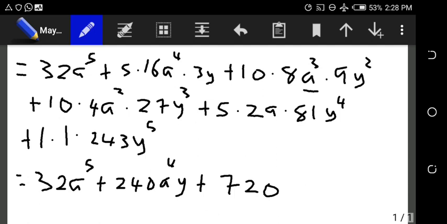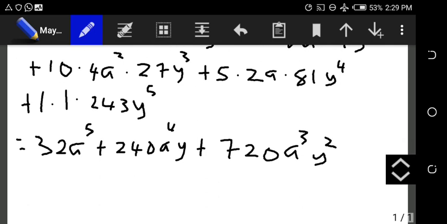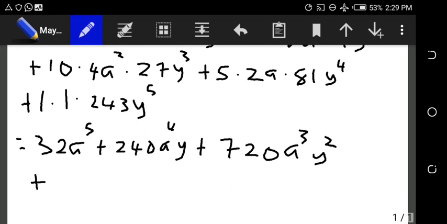Then we still have a raised to the power 3, y raised to the power 2. Try not to get confused about it. What we're doing is multiplying the digits first, then after that we'll write the alphabet that we have attached to them.